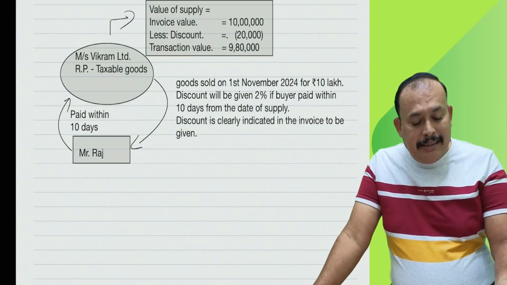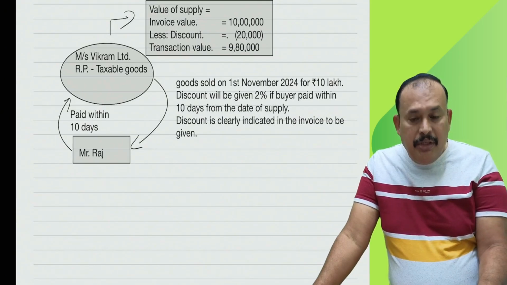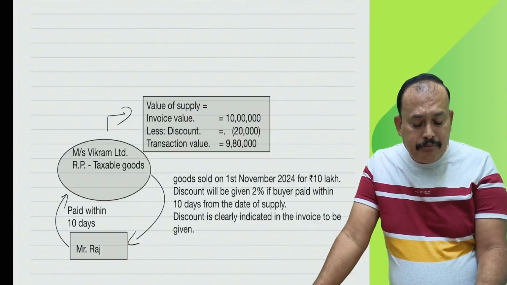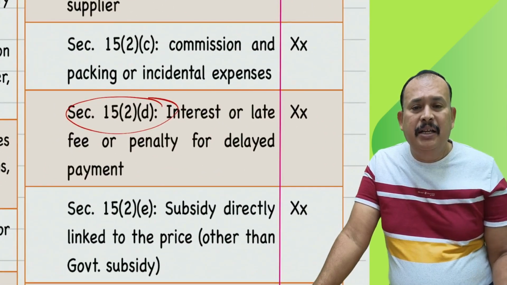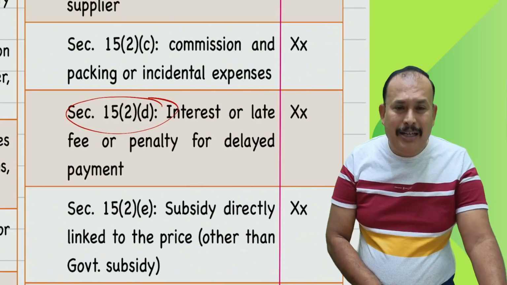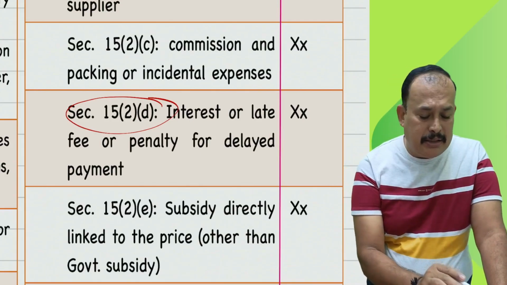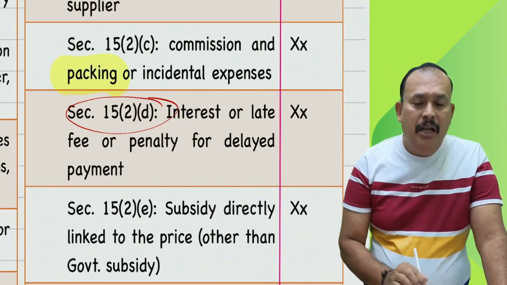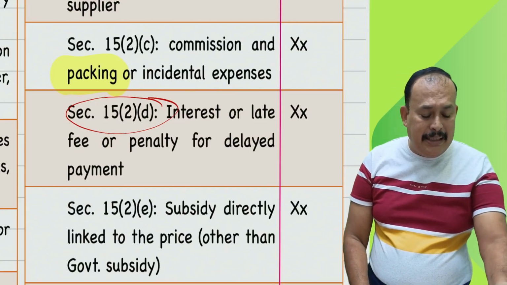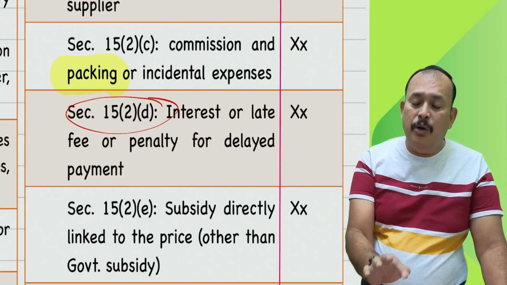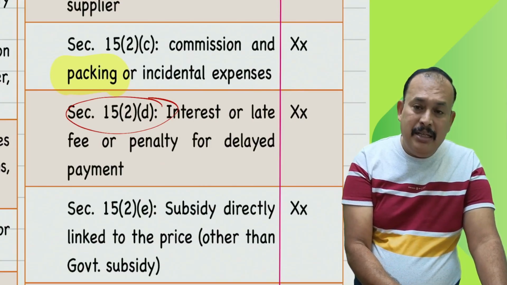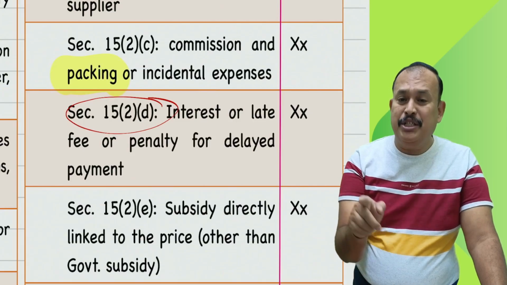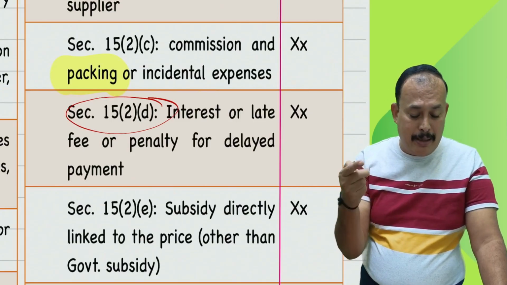Here I have explained section 15 subsection 2 clause C, commission. What about packing charges? I will bifurcate the packing in the following categories: primary packing, secondary packing, special packing, durable returnable packing.